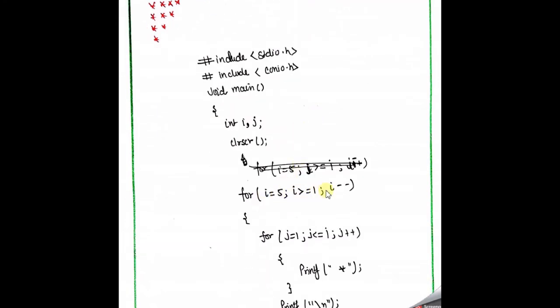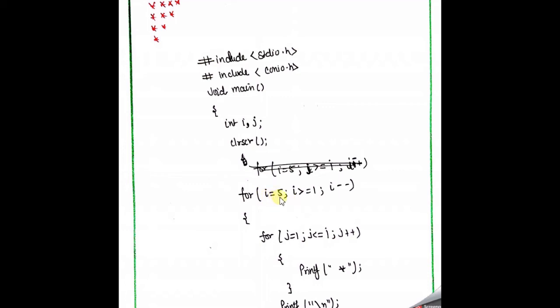So I am going to declare 2 variables. One is used to store the number of rows, and another is used to store the number of columns. So first I am going to initialize our number of rows and columns.